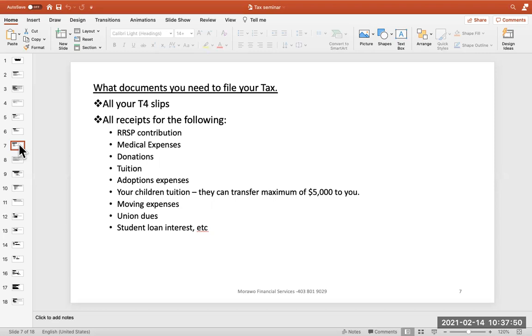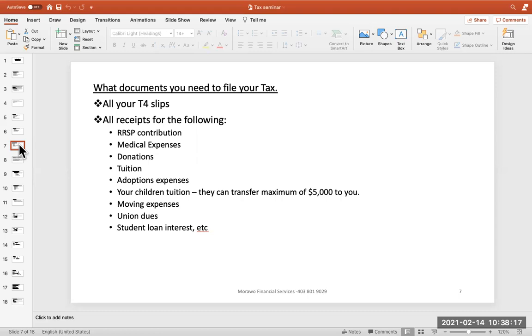Then all receipts for the following. You have RSP contribution, get your receipts ready for your tax preparer, your medical expenses, your donation, tuition, adoption expenses, if you have one. Then your children's tuition, you know that your child can transfer a maximum of 5,000 to you for you to claim with your returns.